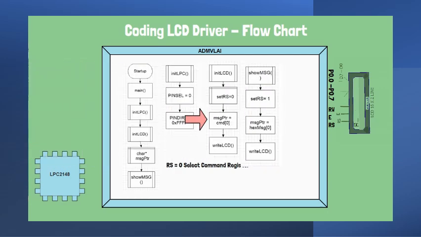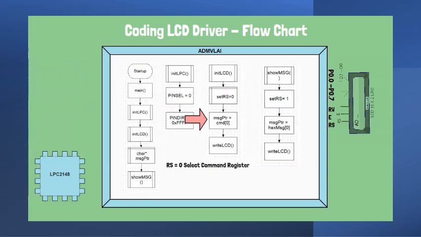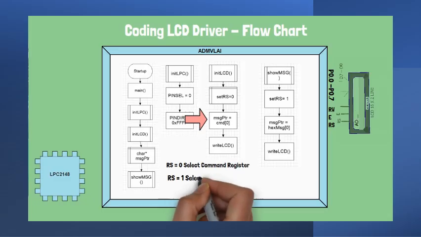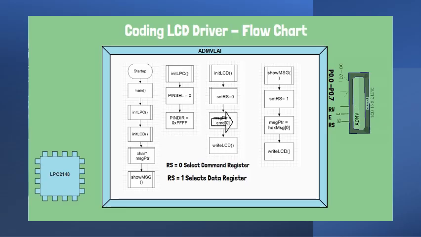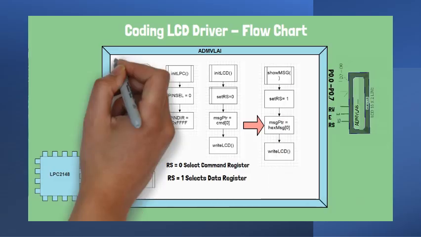This will require us to set the register select bit high, then load the data bus with the first display character, and then toggle the enable pin. To load the display character on the general purpose I/O port, we use the same memory pointer, reference it to the message table, and write a 32-bit value to port 0.